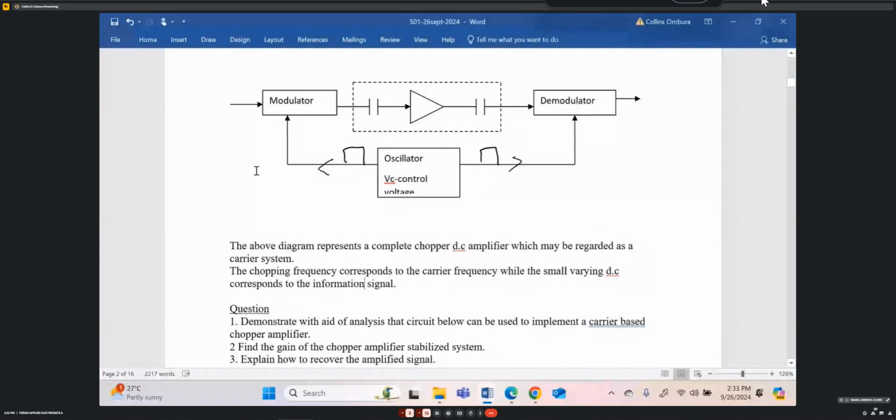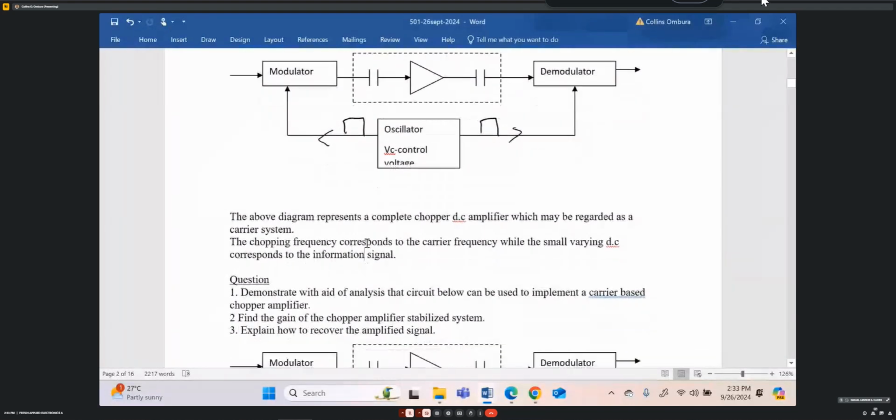In a carrier system from your telecoms, the information signal maybe you call it m(t), and then this oscillator could have some amplitude. So we'll demonstrate this theory using this carrier analogy to implement a chopper stabilized amplifier. So I'll do it with the equations over here.